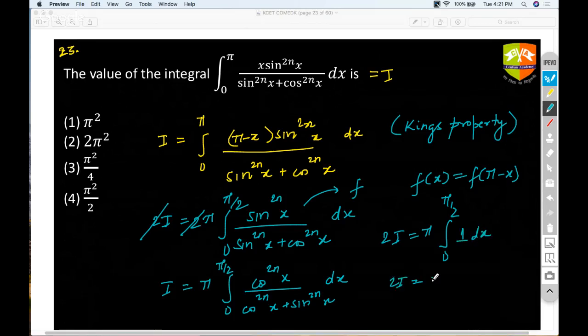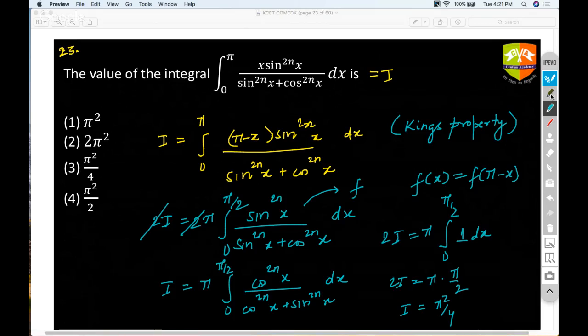So 2I is equal to pi times pi by 2. So I is going to be pi square by 4. So option number 3 is the right option in this case. Sai has got the right answer.